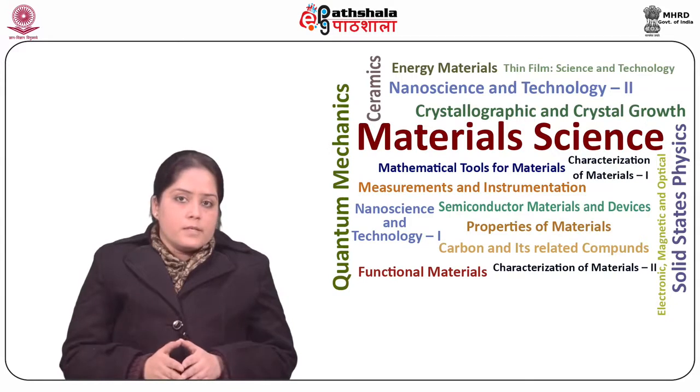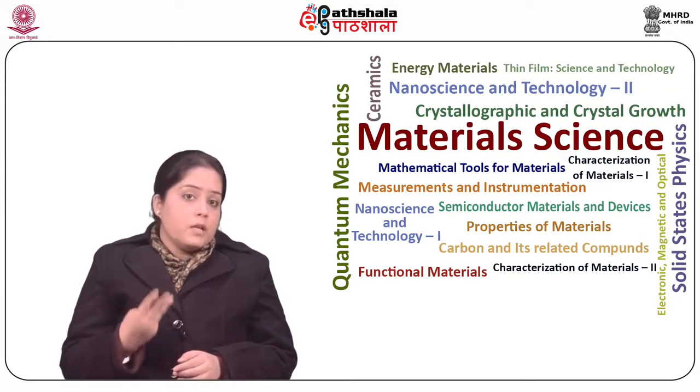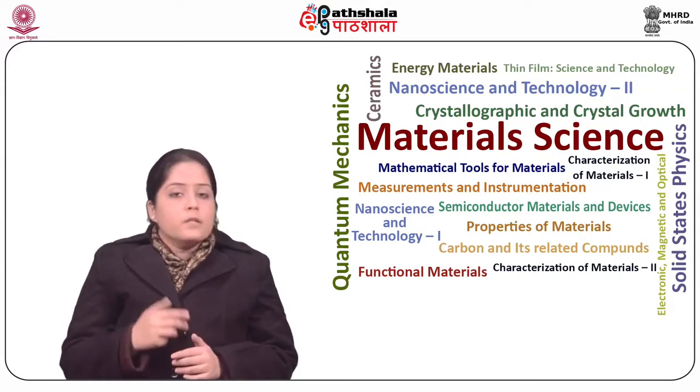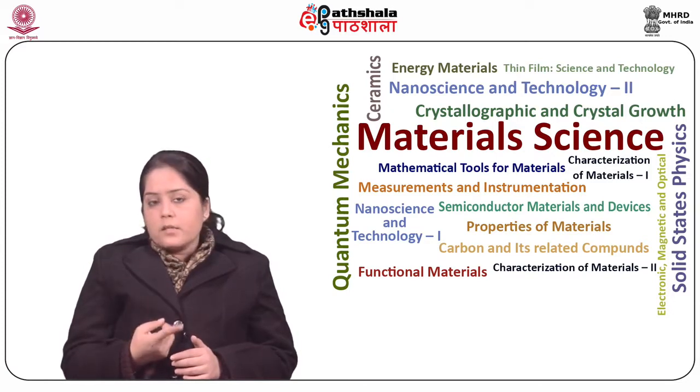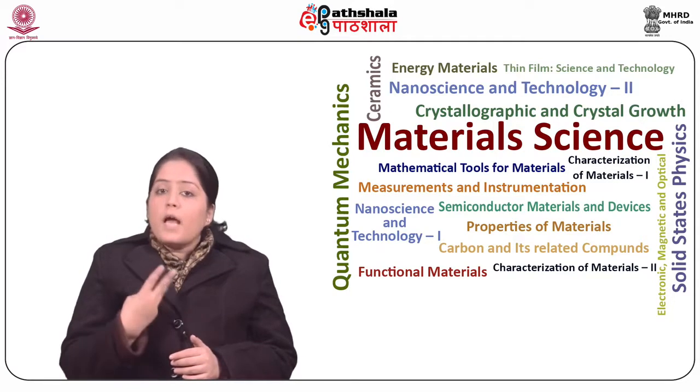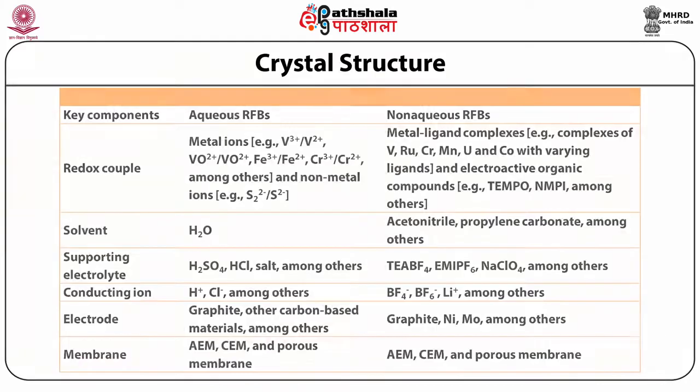Non-aqueous RFBs have three main components. These are electrolyte, electrode, and membrane. Comparison between aqueous and non-aqueous RFBs. The major differences in the three components between aqueous and non-aqueous RFBs are summarized in this table.